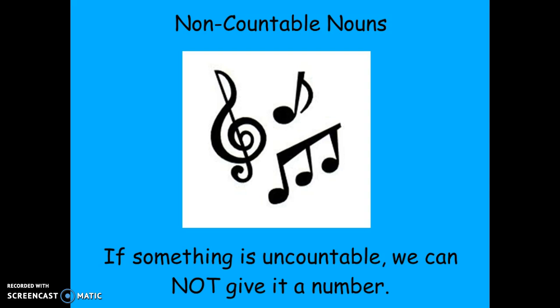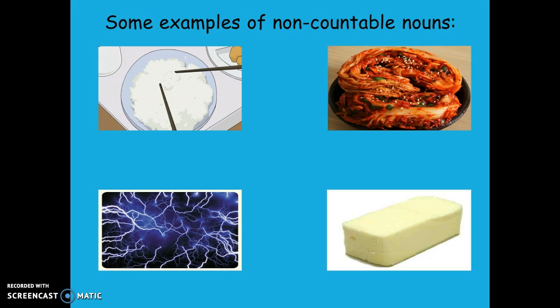We talked about countable nouns, but what about non-countable nouns? If a noun cannot be counted by simply adding a numeral, it is non-countable. Like this, how much do you love your mother? 1 love? 2 loves? That doesn't sound right at all. Here are a few examples. Rice is non-countable. When we go to a restaurant, we don't ask for 1 rice.